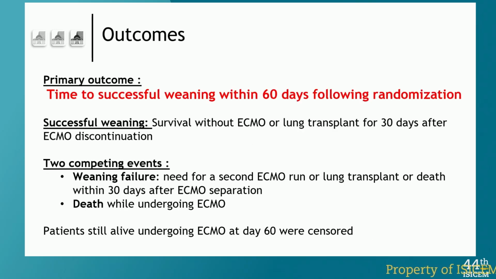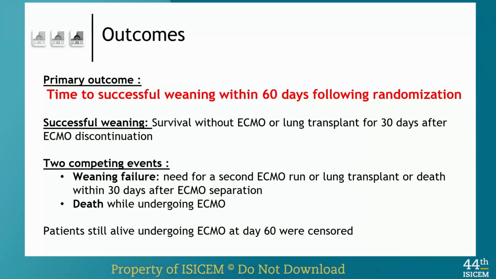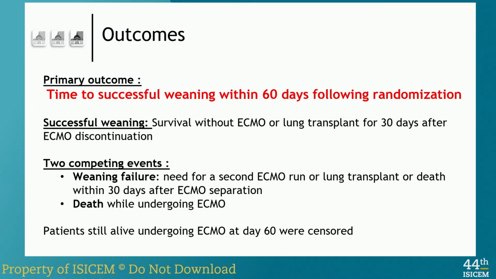The primary outcome was time to successful weaning within 60 days following randomization. The first challenge was to define what a successful weaning is, because there is no official definition of successful weaning of ECMO.